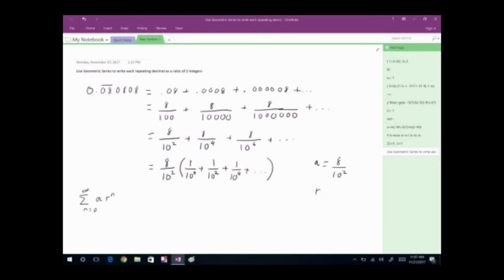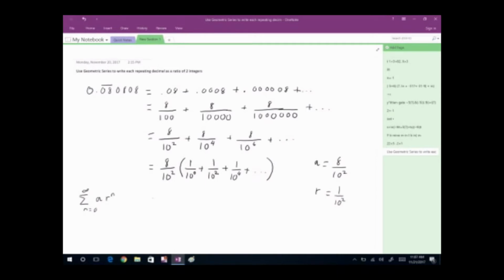And r, now this is a little bit more tricky, so you have to notice how much it is incrementing for each term. This should be from 1 over 10 to the 0 power, right? Becomes 1 over 10 to the 2 power, 1 over 10 to the 4th power. So it's increasing by a factor of 1 over 10 to the 2 power, or 1 over 100.